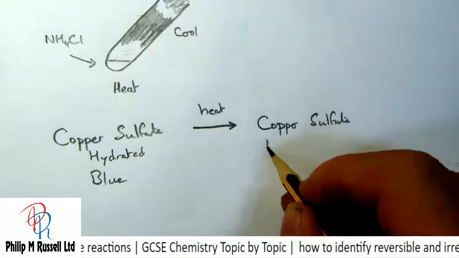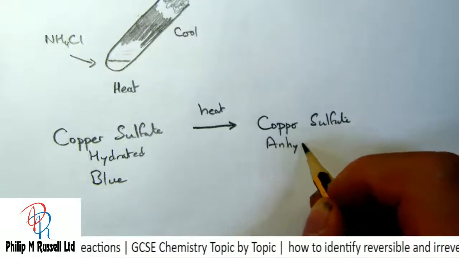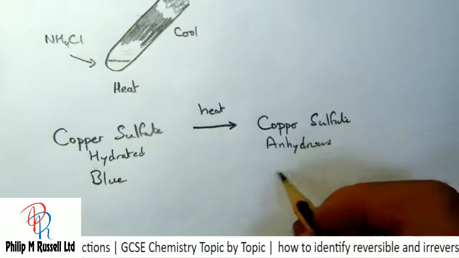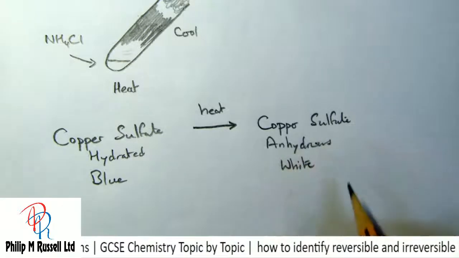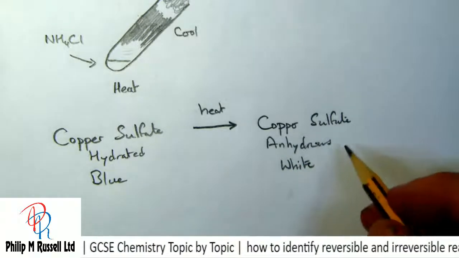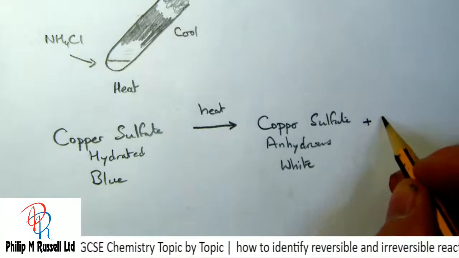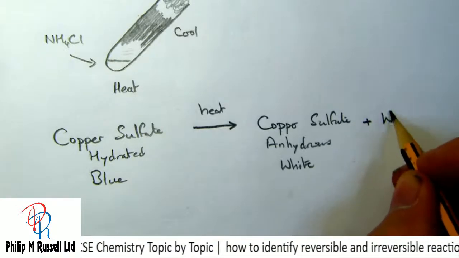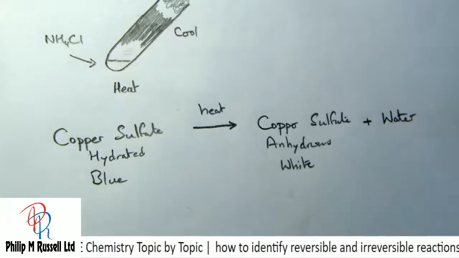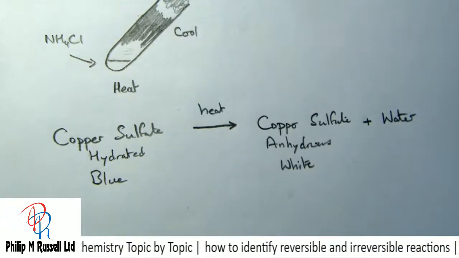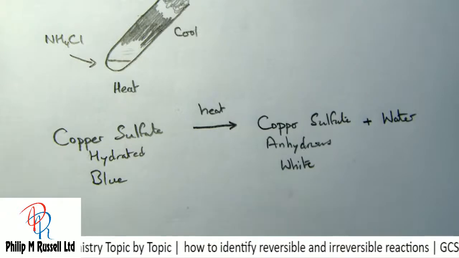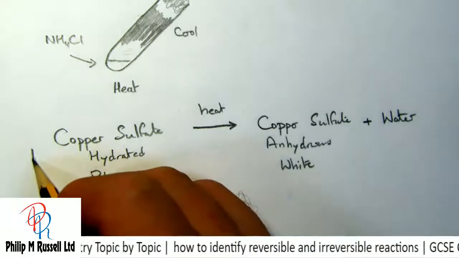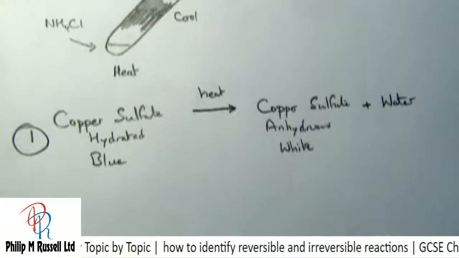This time it is anhydrous, which is, I'd like to say it's white, but often people say it's more grey, plus water. And we're going to do that as one experiment. Then we're going to do a second experiment. So there is experiment number 1.